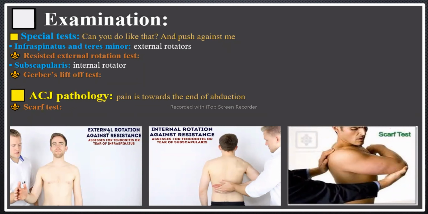What are the muscles for external rotation? Infraspinatus and teres minor. So what is the name of the test if they ask you in the exam? Resisted external rotation. The patient is doing external rotation against resistance, that's why it's called the resisted external rotation test. Clear?